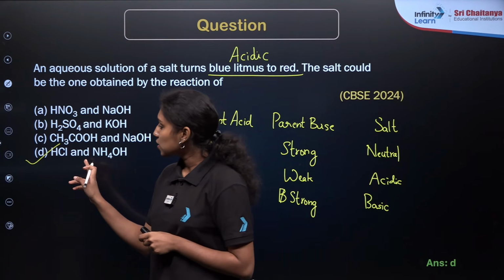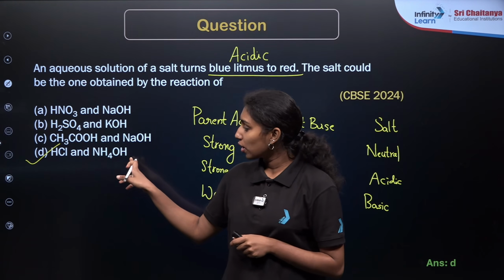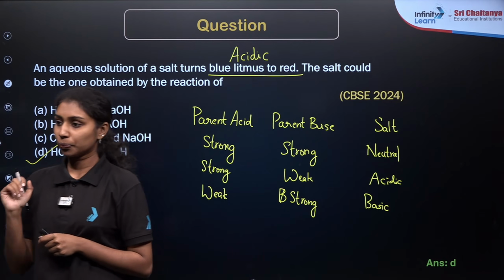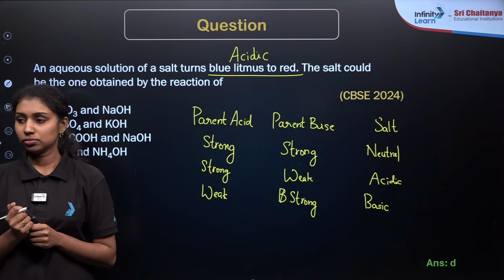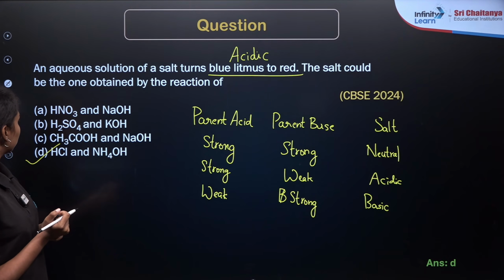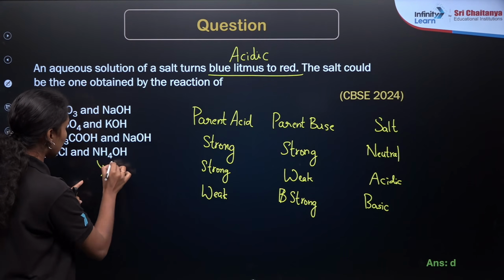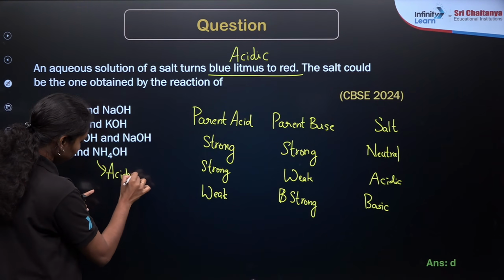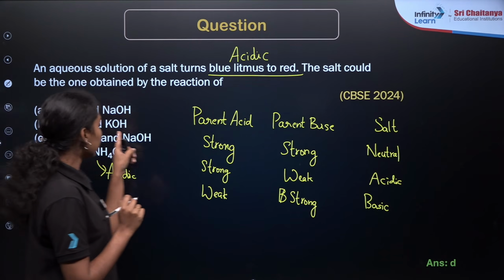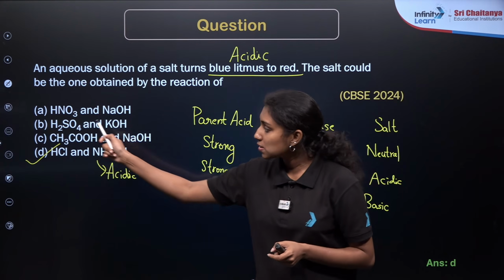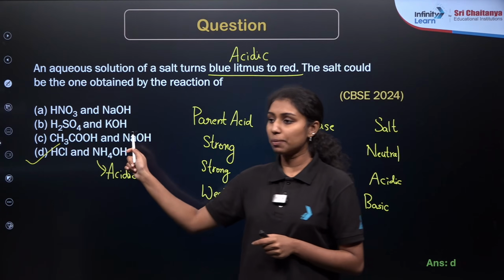Here, in the case of HCl, this is a strong acid and NH4OH is a weak base. So what is the corresponding salt formed here? It will be acidic. In the case of option B, H2SO4 is a strong acid, but KOH is a weak base, right?